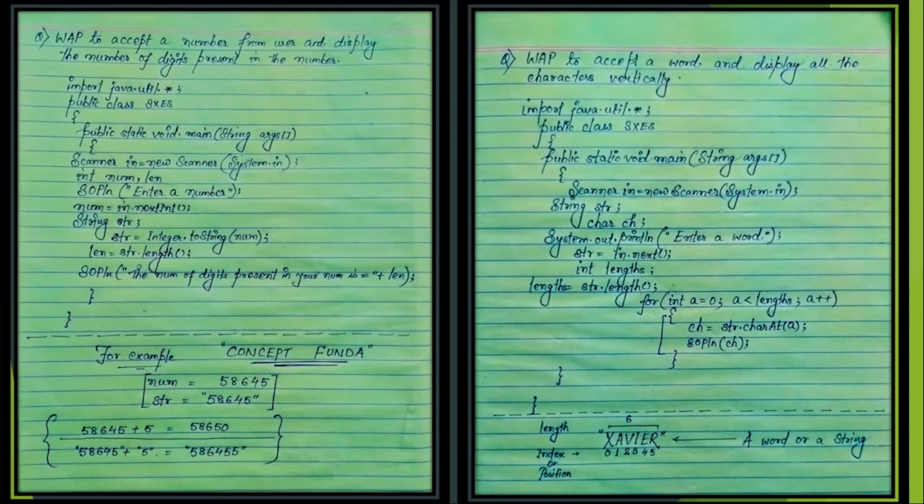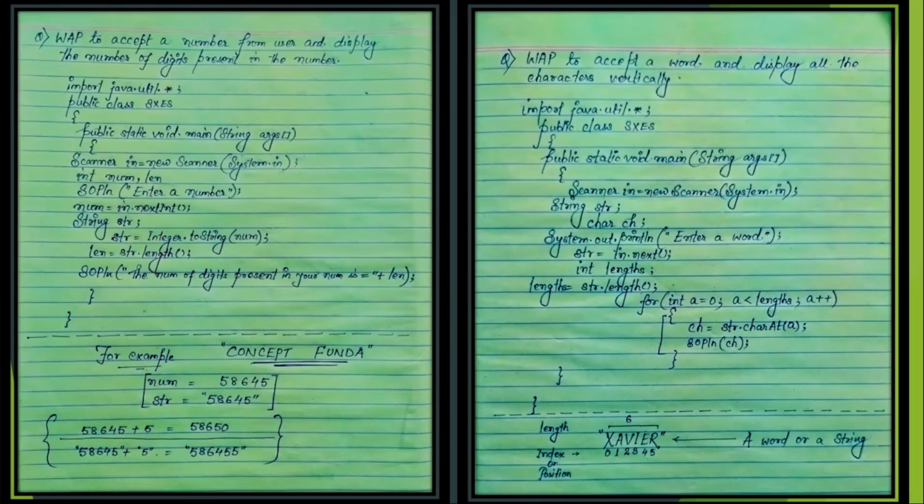Length is equal to str.length. See, this .length is a function, therefore I have utilized lengths over here. You could utilize len or leng, anything. You could utilize a, b, anything.